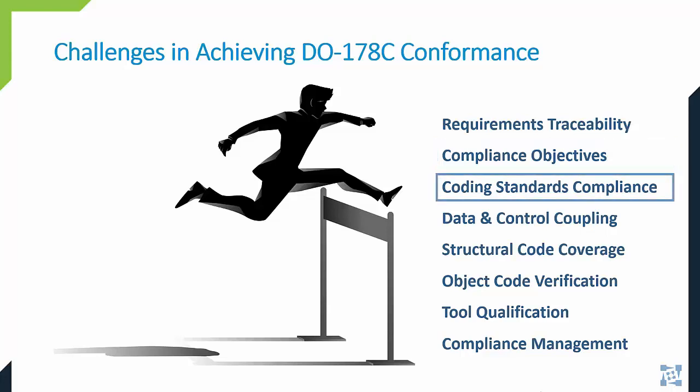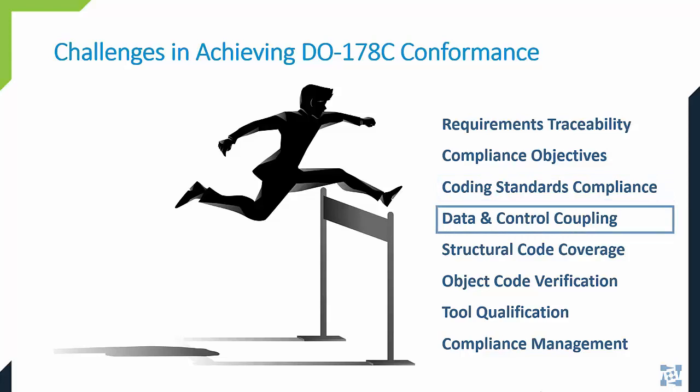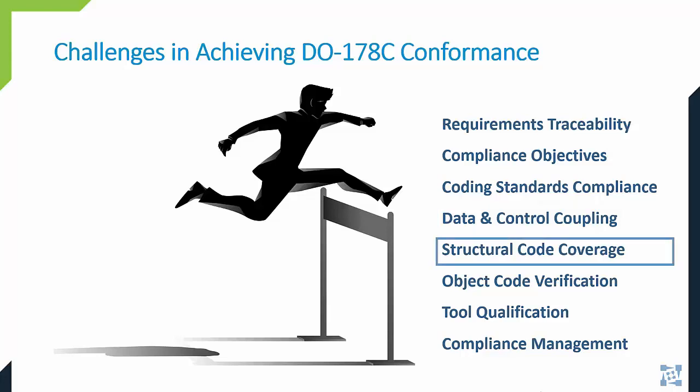Adopt the coding standard and make sure you comply to it. There is MISRA, AUTOSAR, CERT, or define your own custom or hybrid of these. Make sure you perform and document your data and control coupling analysis on your code if your DAL requires it. Perform structural code coverage to ensure that you've tested all your requirements.